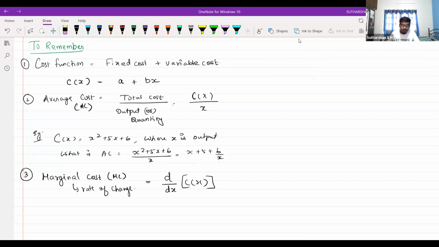Then the fourth one, revenue function. Revenue function is known as R of X. R of X is equal to quantity into price.